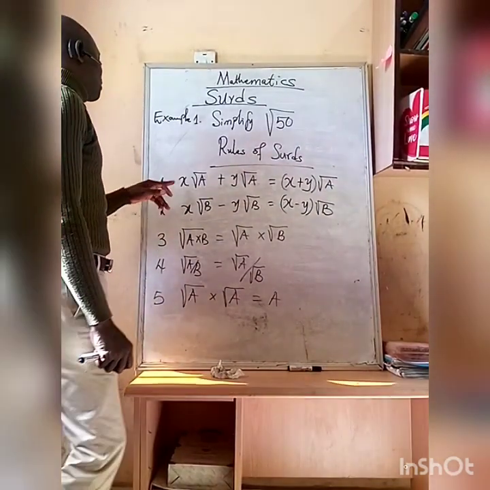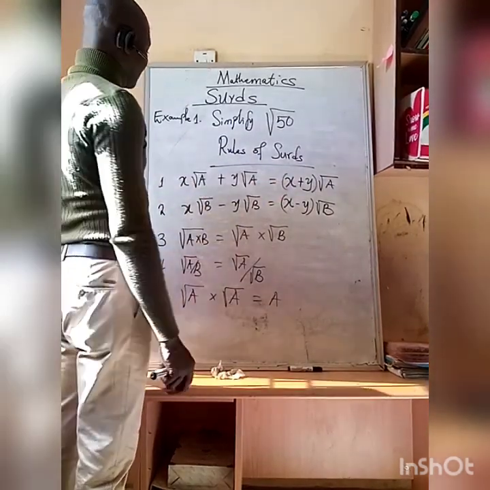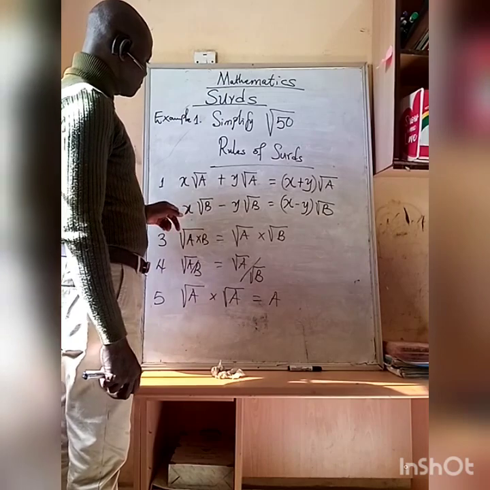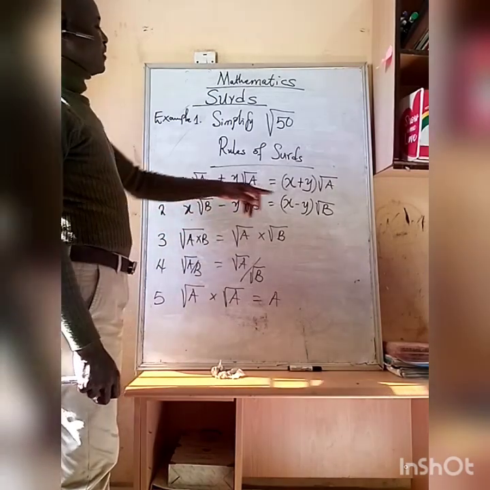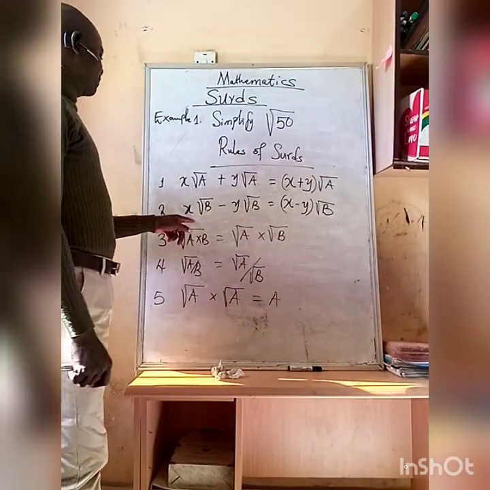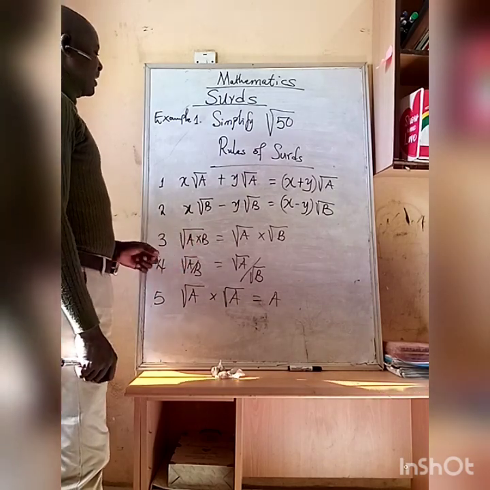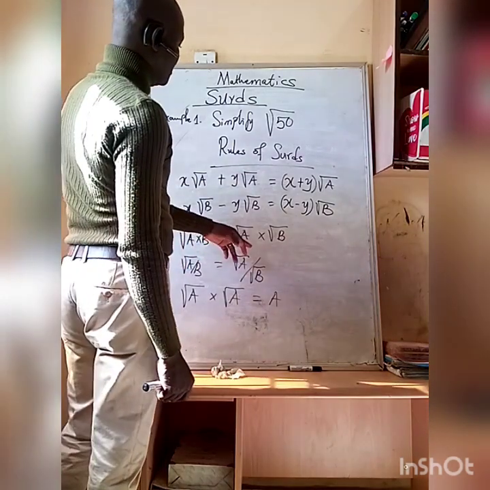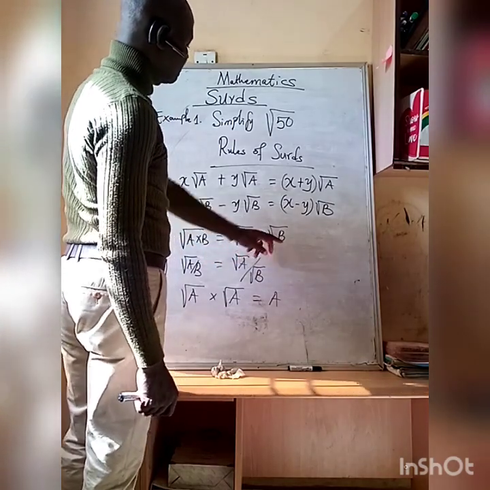So you add the coefficients and that produces something like this. If you have to subtract one from the other, you have something like this. Now, if you have two items under the root that are multiplying each other, you can as well split them, each bearing its own radical.